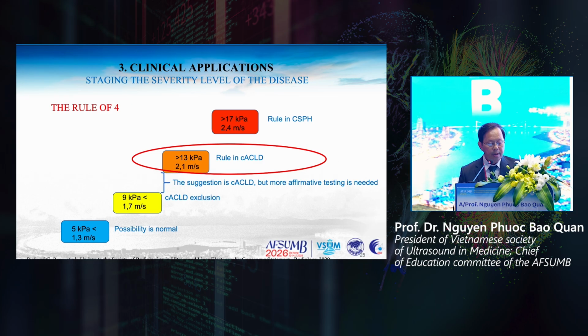We can rule out compensated advanced chronic liver disease, and it's very important for clinicians and hepatologists to know the patient with compensated advanced chronic liver disease and clinically significant portal hypertension as well.